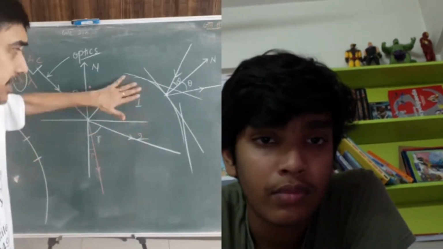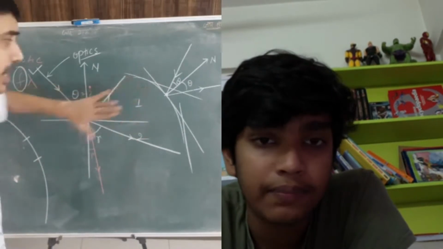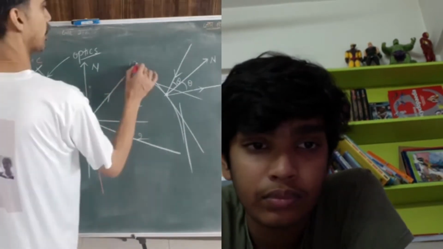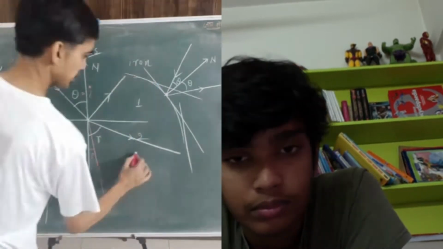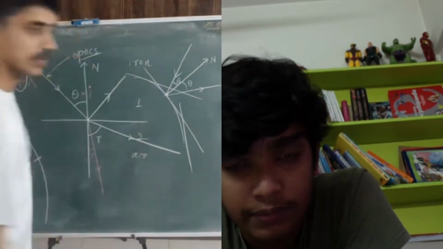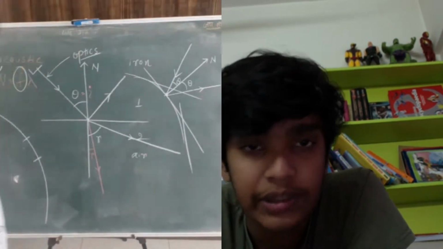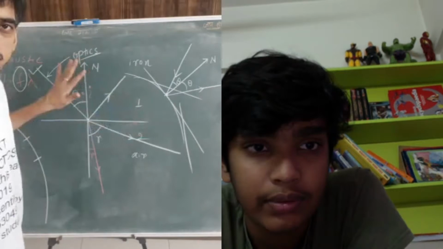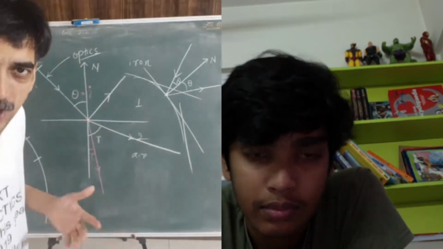Let's say this is denser. Let us say this is iron, and this is air, correct? So what happened to the speed of light? As it moves from iron to air, the speed of light will increase, correct?